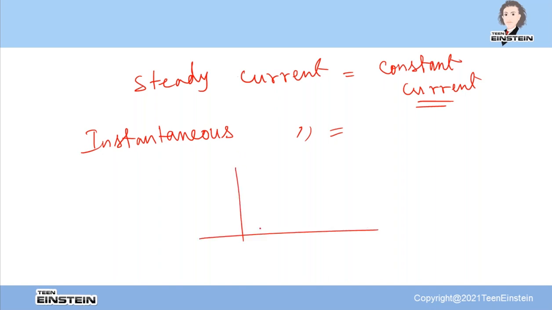Instantaneous current may be like this. Suppose this is the current and this is the time, so it will increase and again decrease, something like that. This kind of current we don't use in our practical purposes.